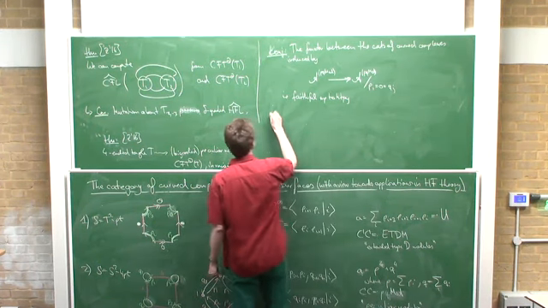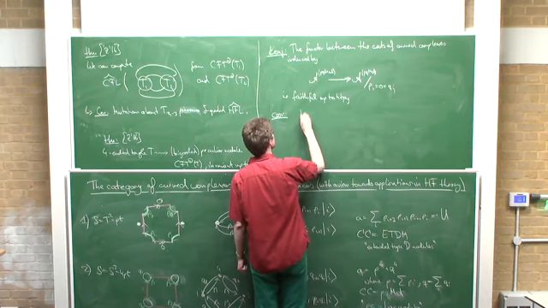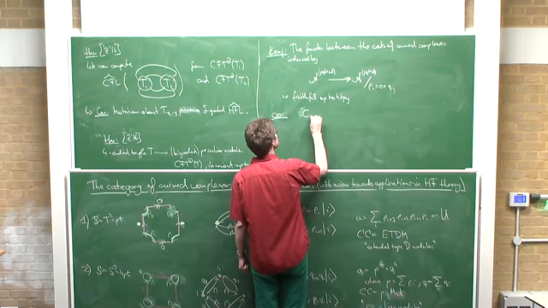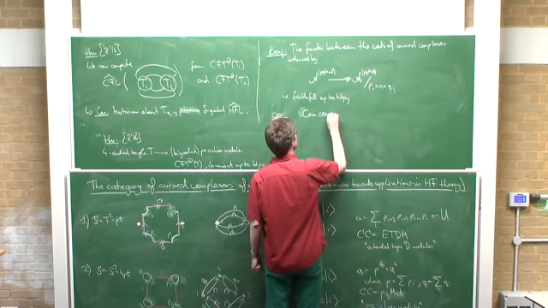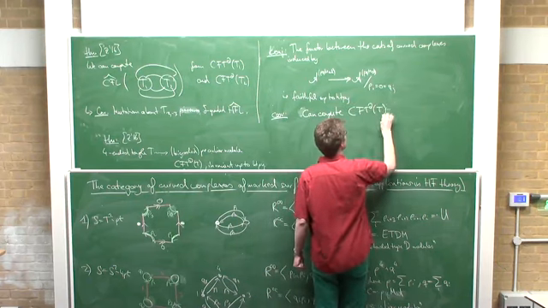But if this holds, then as a corollary you get that you can compute CFTD from nice diagrams.